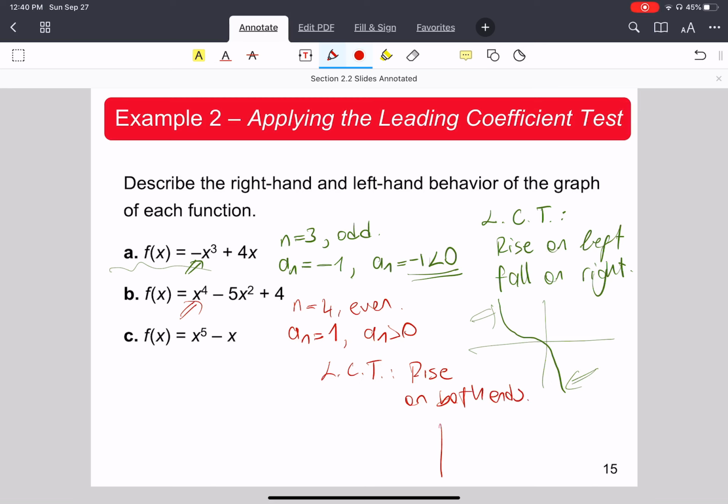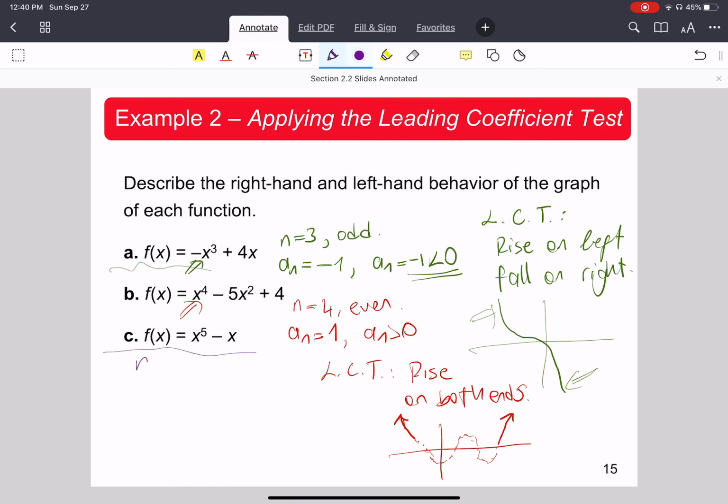Because this is a 4th degree polynomial, it's going to be rising on the left, and then something is going to happen in between, and then eventually it's going to start rising again. I don't exactly know how the function looks in between, but on both ends, the function is going to rise.